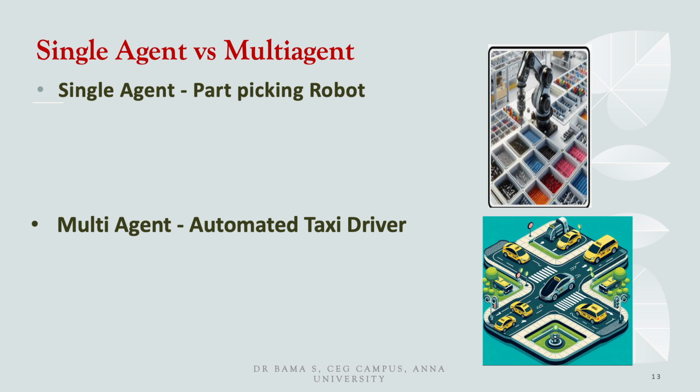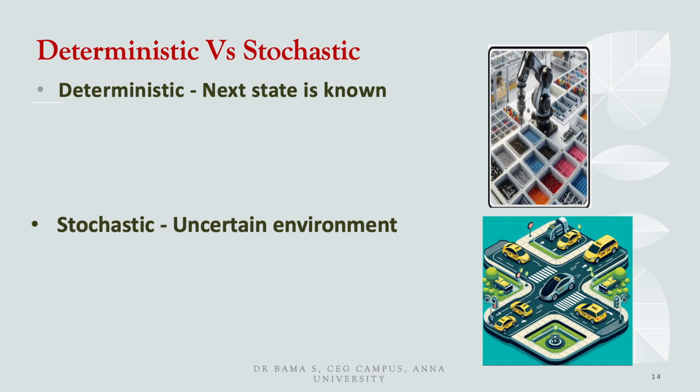In the multi-agent case, it is an automated taxi driver, and here each of the cars is an automated taxi. So, it is a multi-agent environment. The idea here is that each agent should communicate with the others so that collisions do not occur and it has to obey the rules.